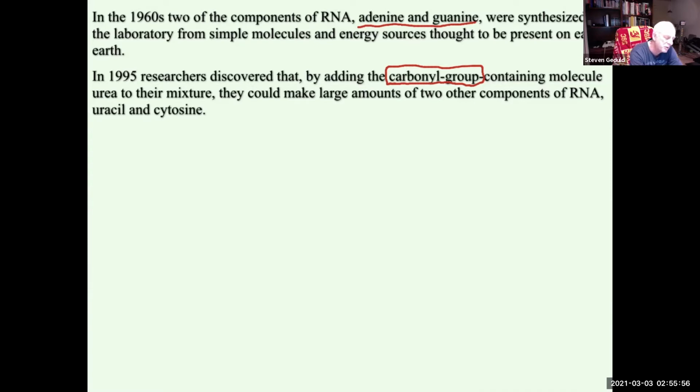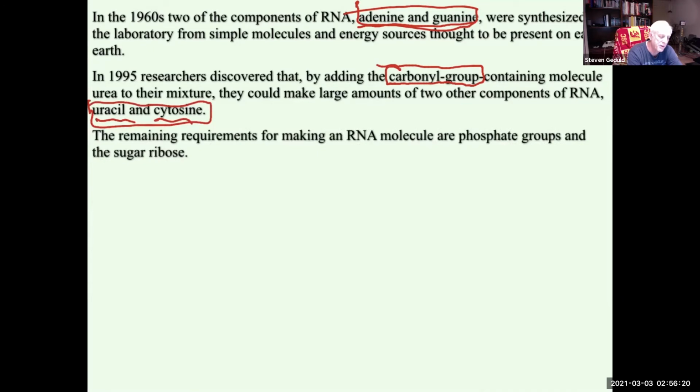Those are the 2 other nucleotides that we use to make up RNA. So now we can produce adenine and guanine, and with the addition of carbonyl groups, we can produce uracil and cytosine. Those are the 4 base nucleotides that make up RNA. And now we can reproduce that in a laboratory container.